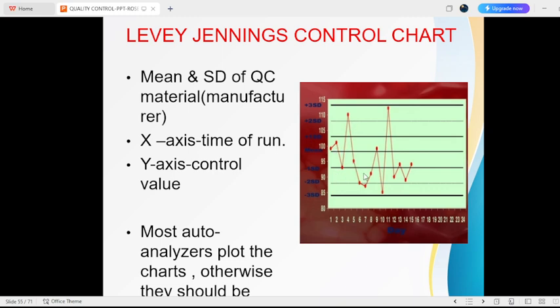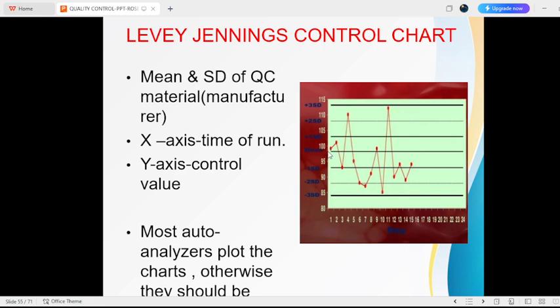For drawing a Levey-Jennings chart, we should have the mean and SD of the QC material, which we will get from the manufacturer. On the x-axis, we plot the time of run, and on the y-axis the control values. In this chart, the mean plot is approximately at 98, between 95 and 100.